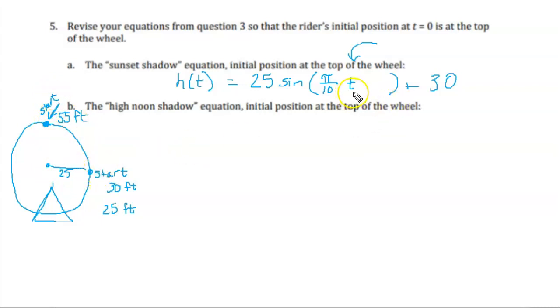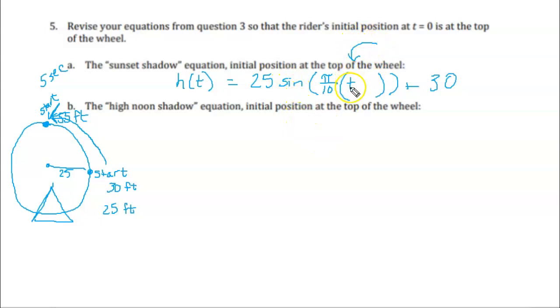So I want my input to be 0, but I want it to have the output of 90 degrees. Or in this case, how many seconds did it take to get up to this point? We said it takes 20 seconds to go all the way around. This is the 5-second mark. So I want its input to be 0, but I want its output to be what we were getting at the 5-second mark. So what I could do is change the number that I'm actually going to take the sine of.